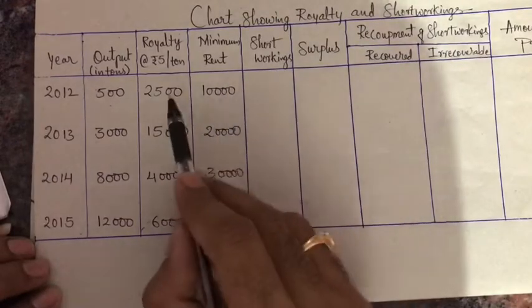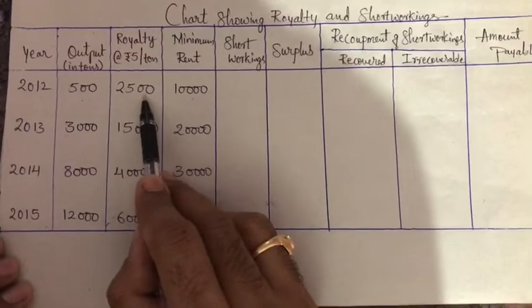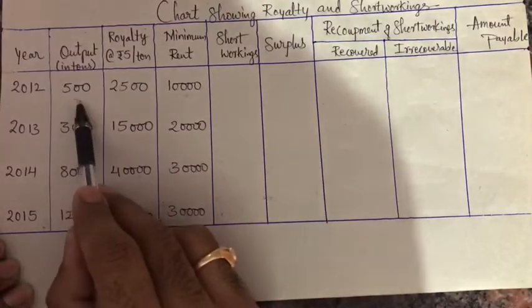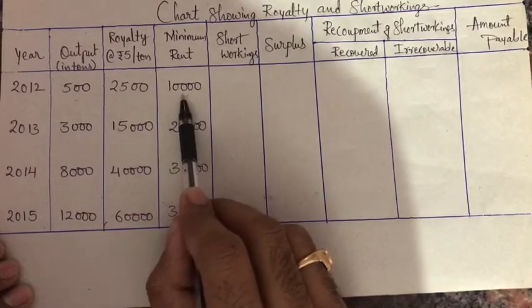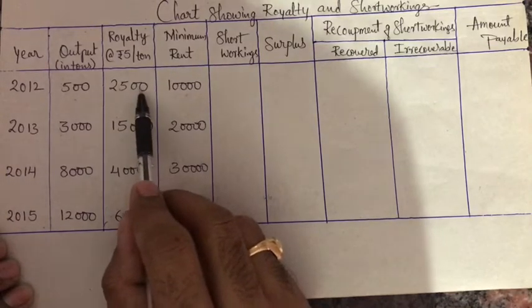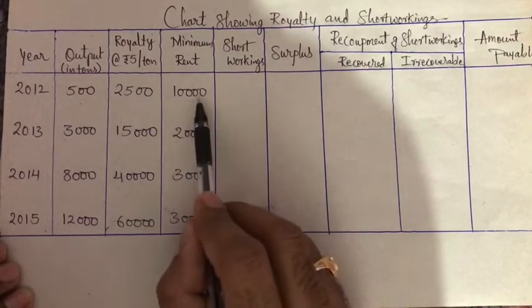In the first year, royalty payable is 2,500, but you have to pay a minimum rent of 10,000 irrespective of whatever output you have raised. In actual sense you have to pay only 2,500, but to safeguard the owner, we have this minimum rent clause.